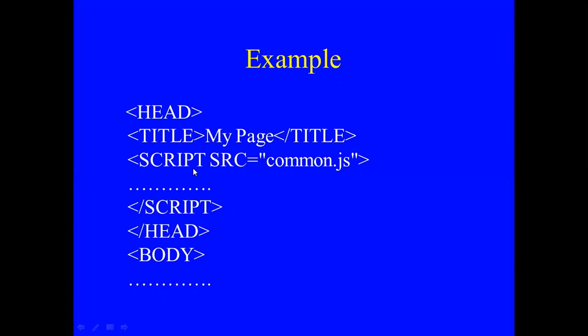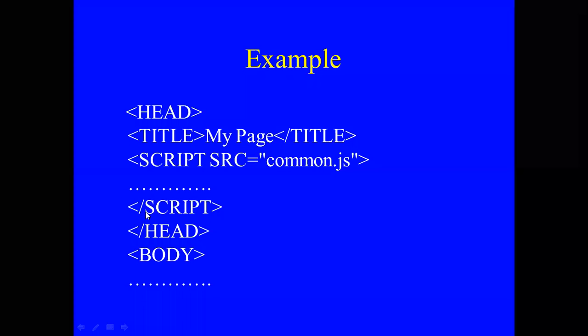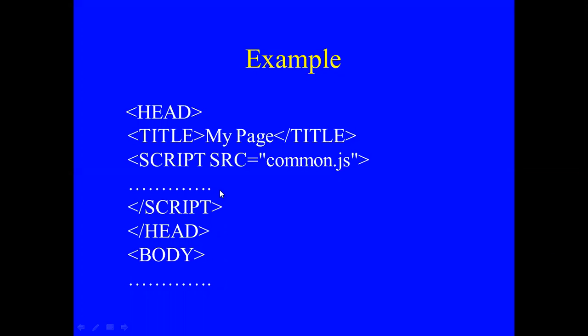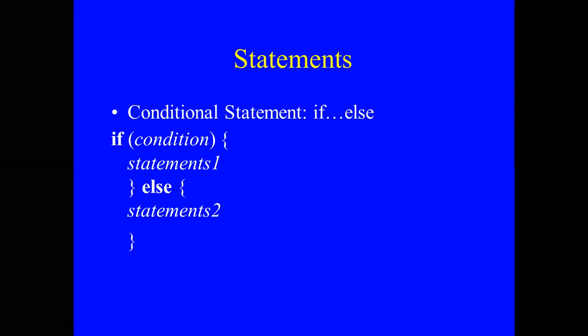Src is the attribute of the script tag. After that, we have to end that tag, then end the HTML document. By using this statement, we can add the JavaScript file in an HTML document.